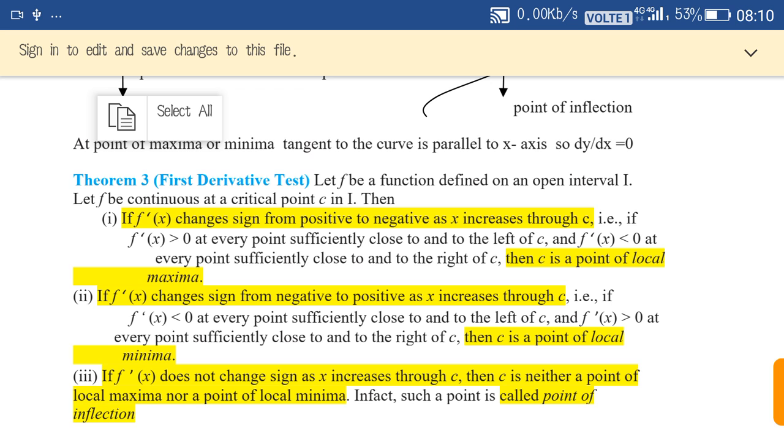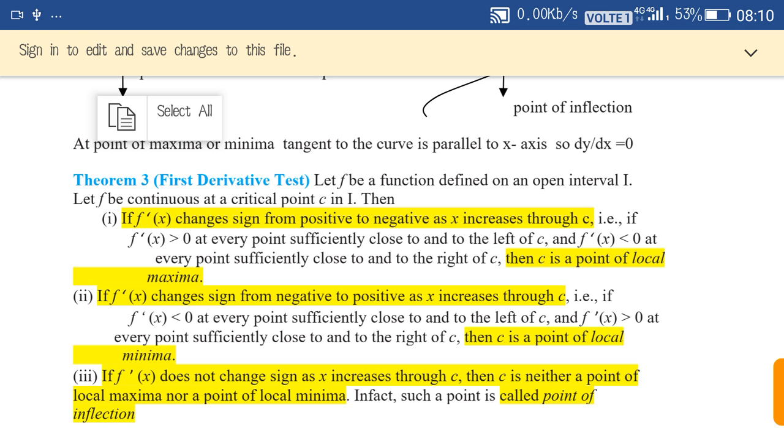And now we check by the slope of the tangent. You may take some value less than that point and check f dash x at that point.